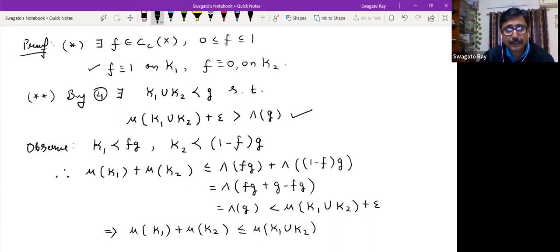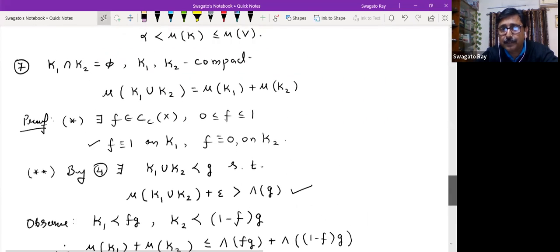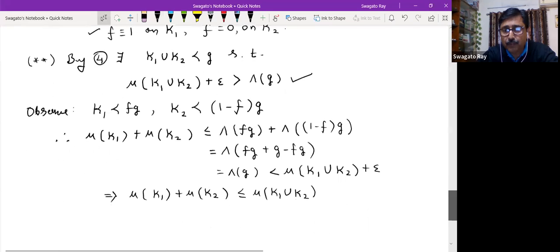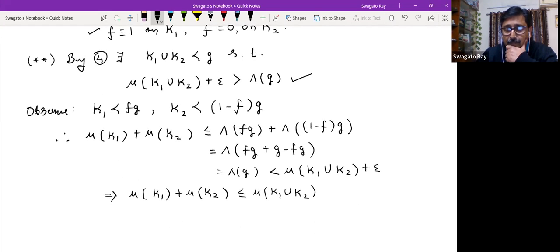Yes. I wanted to prove this. K1 and K2 are disjoint. What I have proved is this. Do you think that it has proved the result which I want to prove, or something more has to be proved?